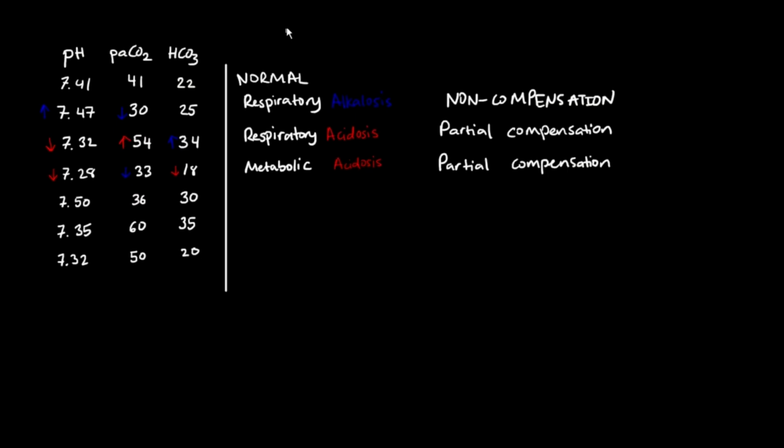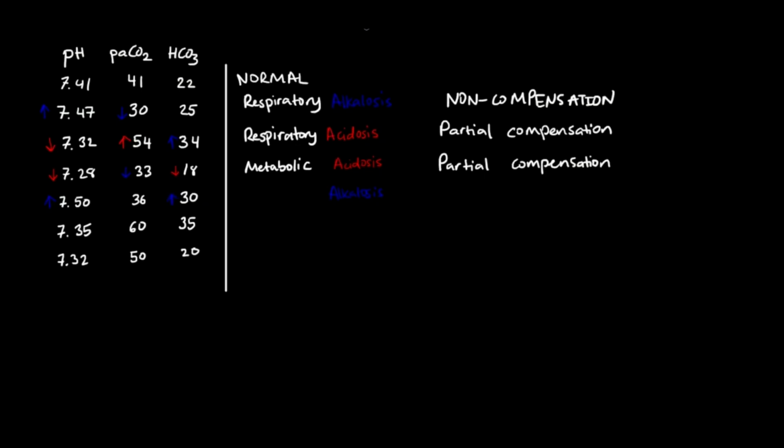Moving on to the next problem, the pH is 7.5, which is higher than normal. So we are in a state of alkalosis. The PaCO2 is within normal, and the bicarb is higher than normal.